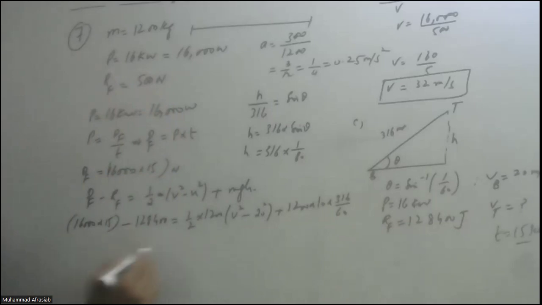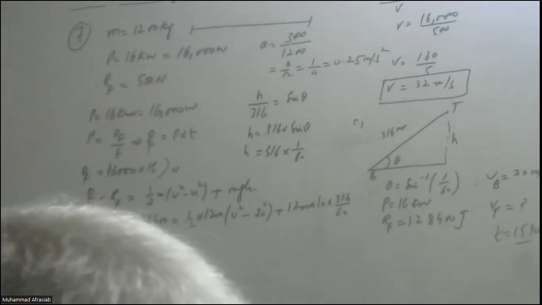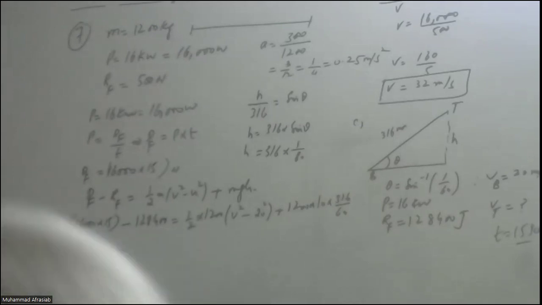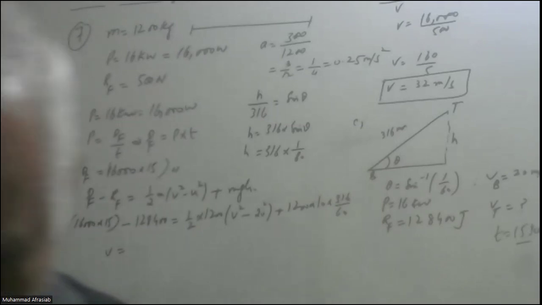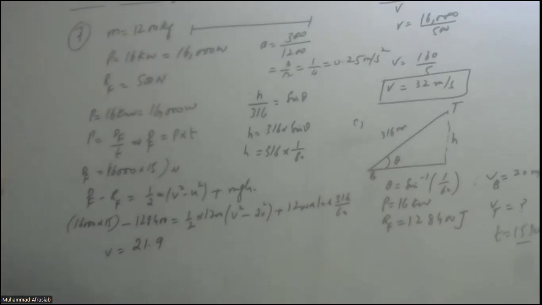And after doing all this calculation, the velocity will become equal to 21.9. So this is the velocity of the vehicle at the top of that hill.